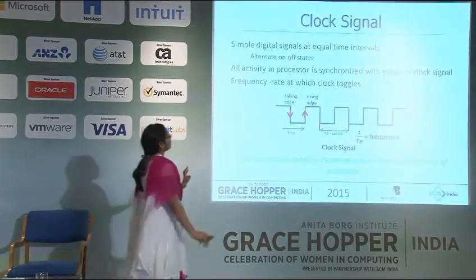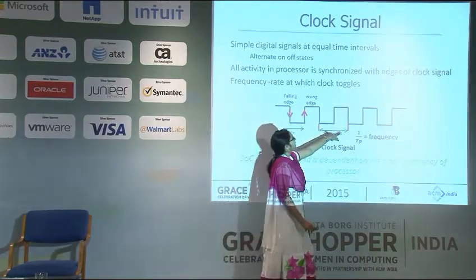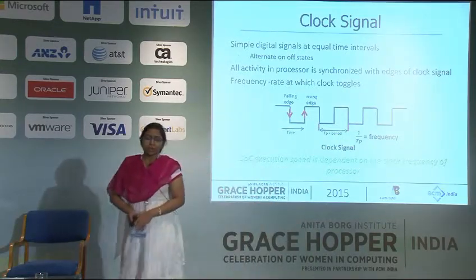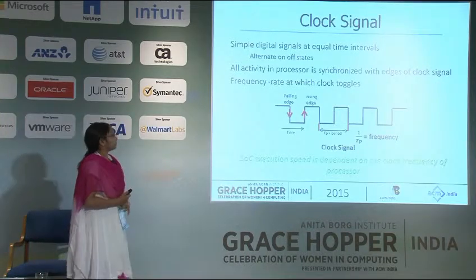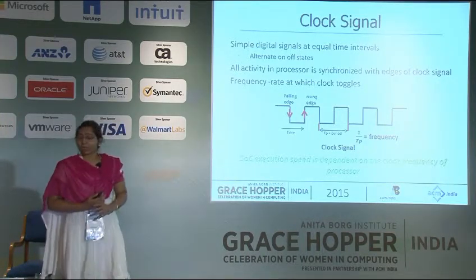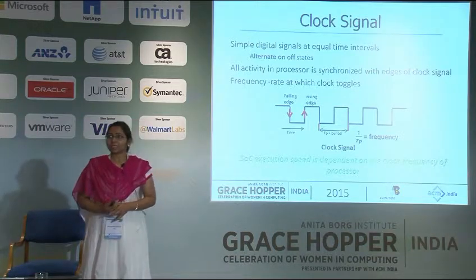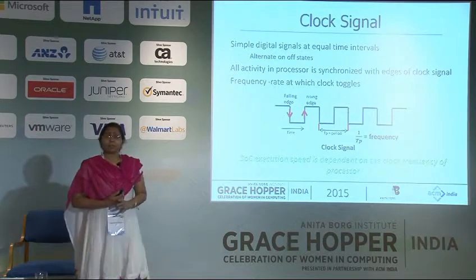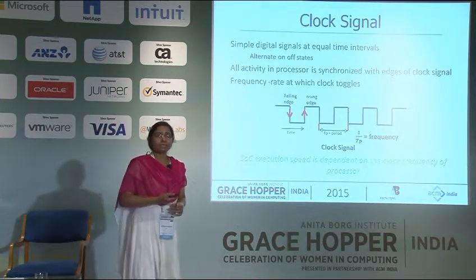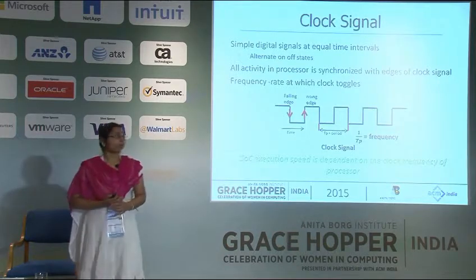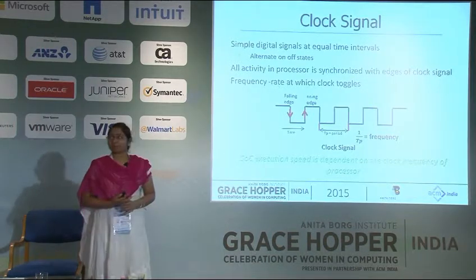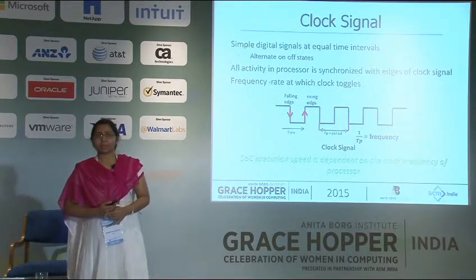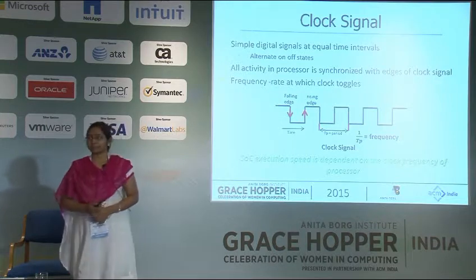Only at one cycle, and once the cycle is completed, the next execution process will be executed in the SOCs. So all these processes are synchronized with the clock edge. The frequency at which the clock toggles gives the frequency of the SOC. So SOC speed depends on the clock frequency of a processor.